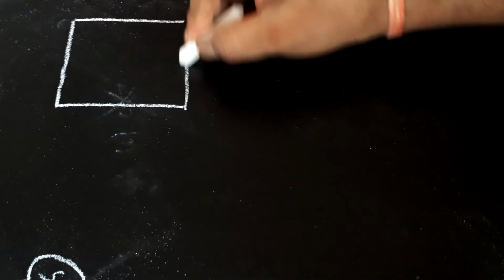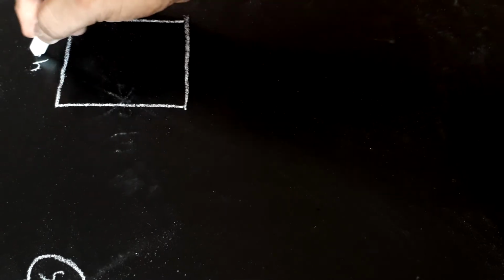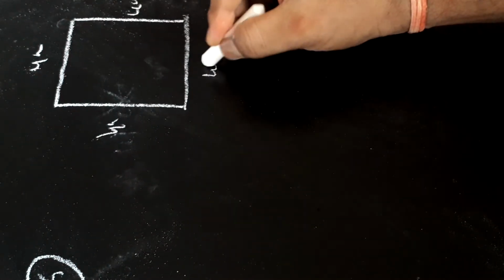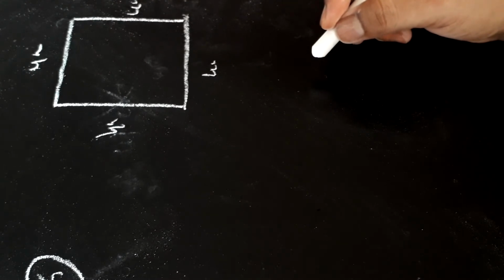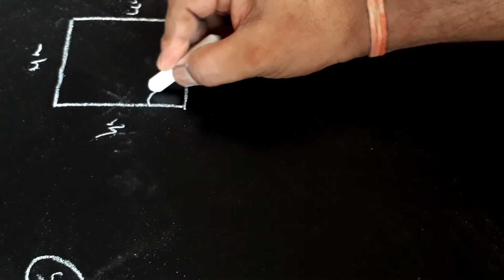Now let us see question number 5. It is given that from each corner of a square of side 4 centimeter, a quadrant of radius 1 centimeter is cut out.